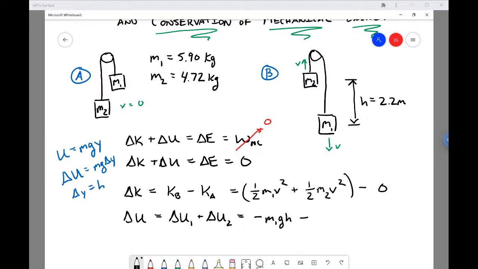Mass 2 rises, so its change in potential energy is equal to its weight, m2g, times height, and it's positive because it's going up. So mass 1 loses potential energy, mass 2 gains potential energy.